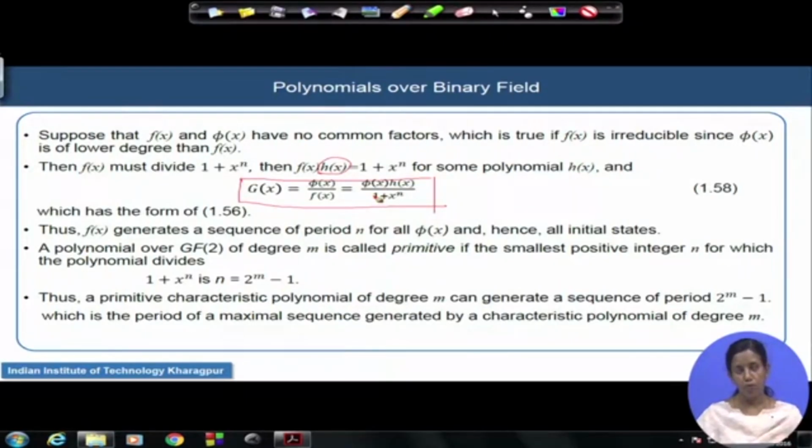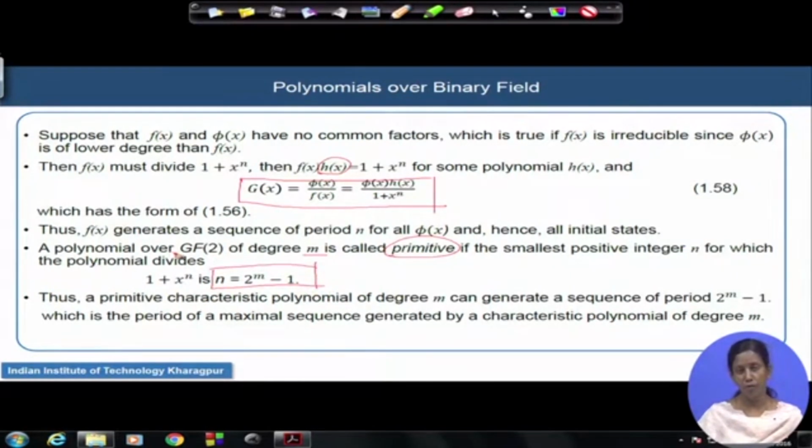Now, a polynomial over the Galois field 2 having a degree m, we will call a primitive polynomial if the smallest positive integer n for which the polynomial divides 1 plus x to the power n is n equal to 2 to the power m minus 1. So, what I said, repeat.